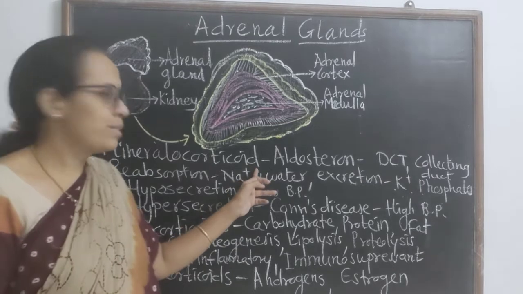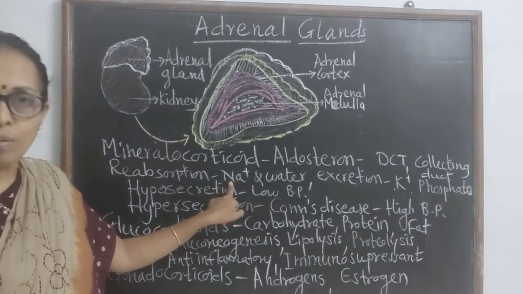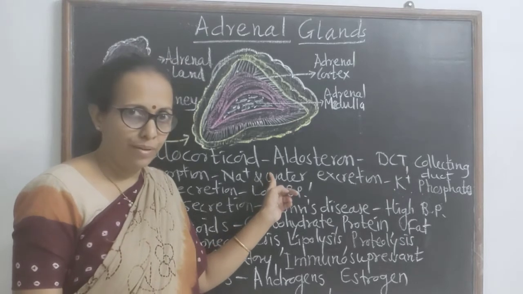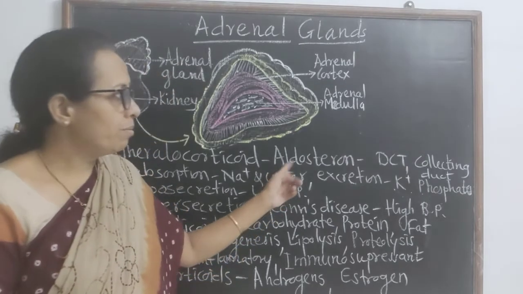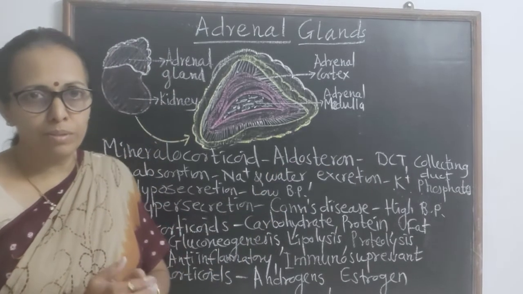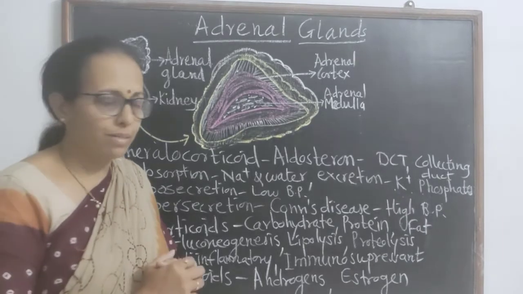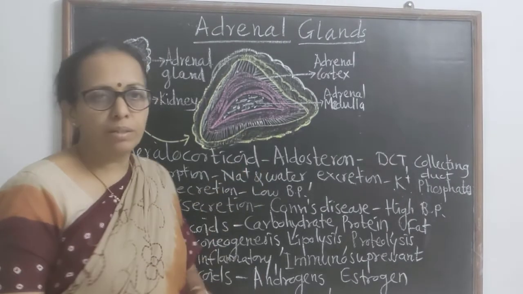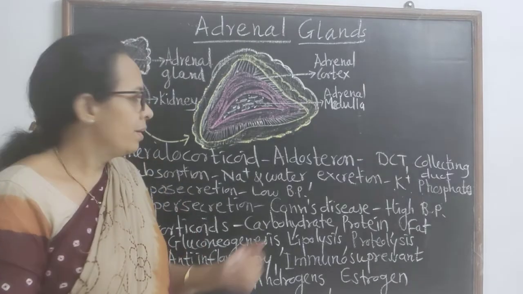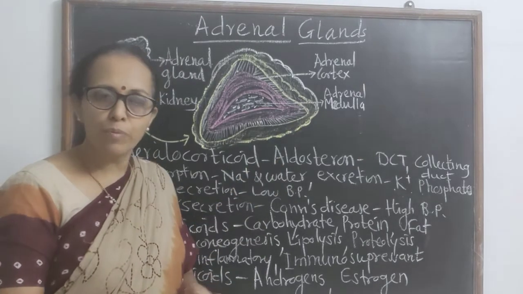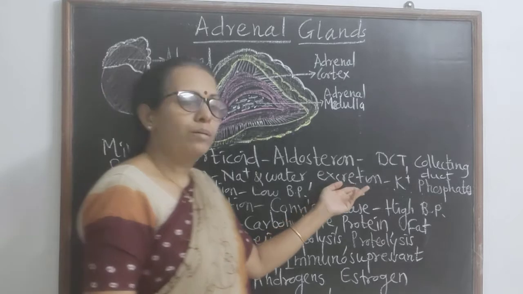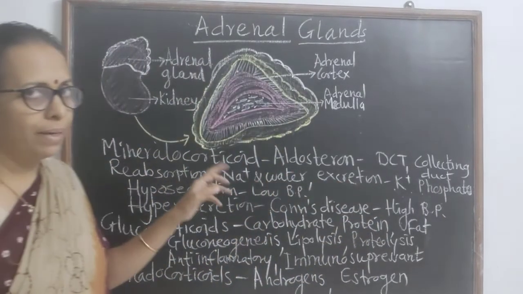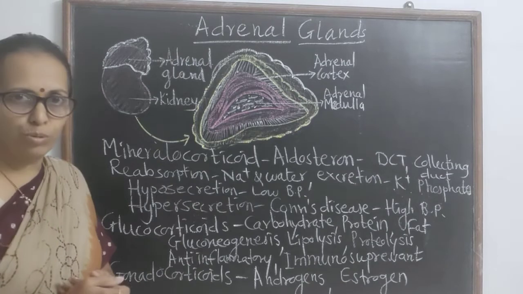where it stimulates the reabsorption of sodium and water, that is, from whatever filtrate is formed during urine formation, sodium and water are reabsorbed under the influence of this hormone, and potassium and phosphates are excreted by the activity of this hormone.